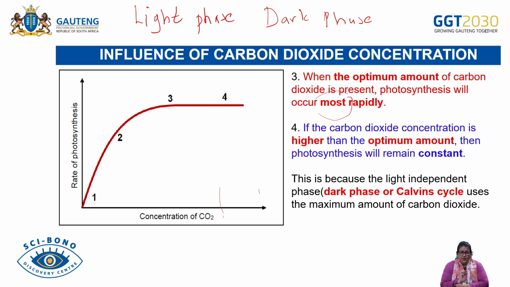And please note, learners, that the other phase of photosynthesis is called the dark phase, not because it must happen in the dark. The dark phase will still occur during the day, but the reason why it's called the dark phase or Calvin cycle is because it does not need light.